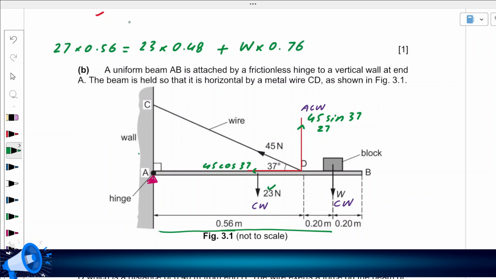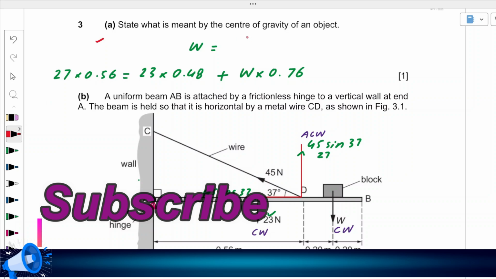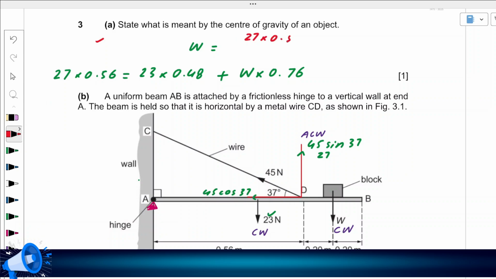Then what you do on the calculator all at once, W equals to, so W equals to 27 times 0.56 minus 23 times 0.48 divided by 0.76. Do it on the calculator all at once.